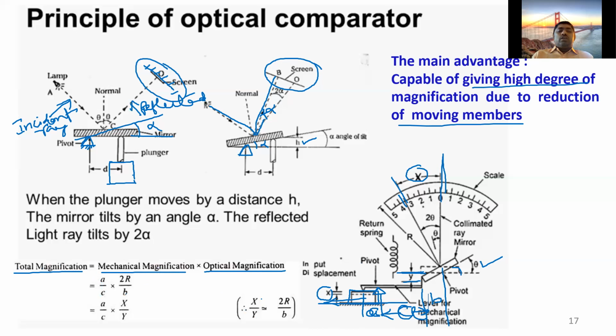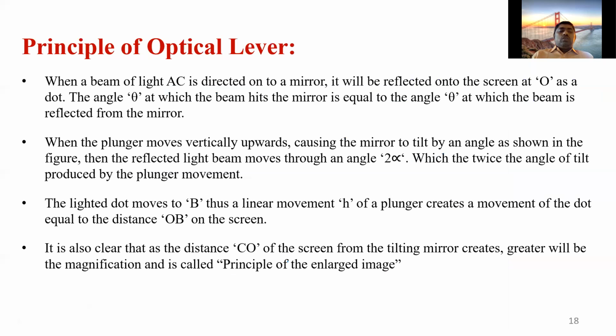So this is A by C, and this is 2R, where R is the radius of the pointer, divided by 2 times B. So A by C multiplied by 2R by B is nothing but the capital X by Y. Therefore, the total magnification is the mechanical magnification, that is A by C, and the optical magnification is capital X by Y. So this is the total magnification.